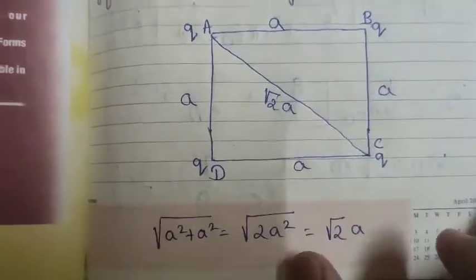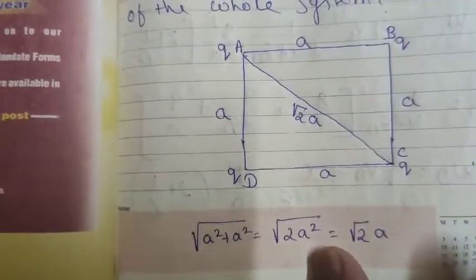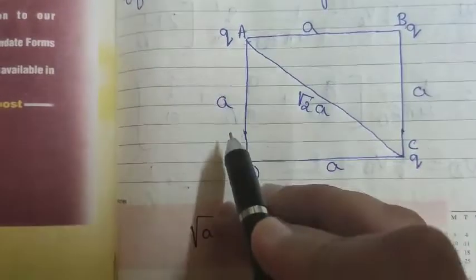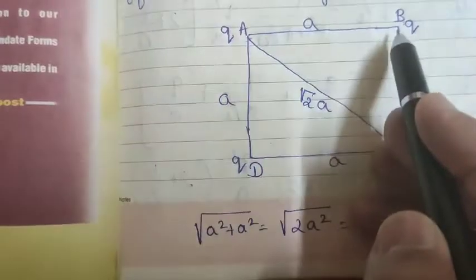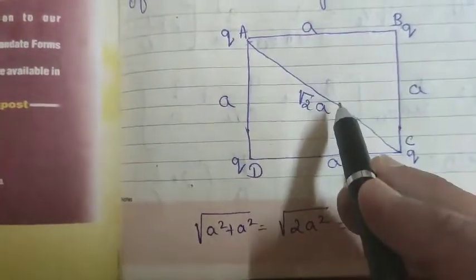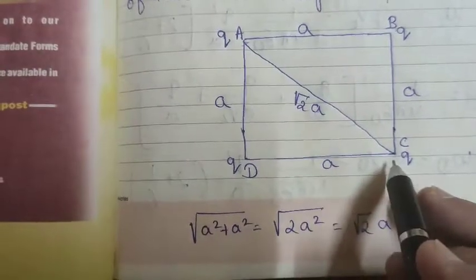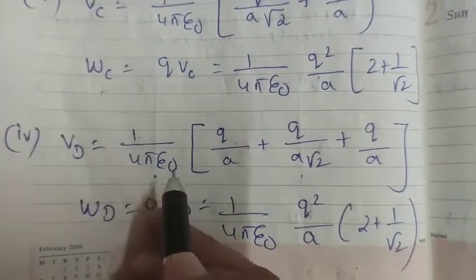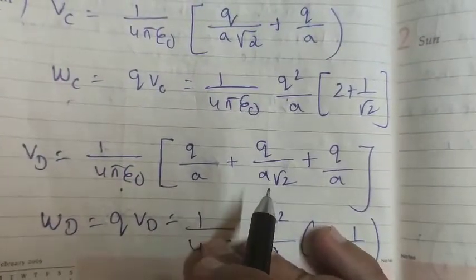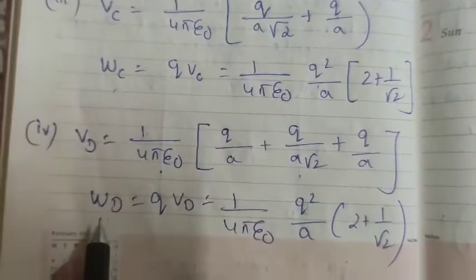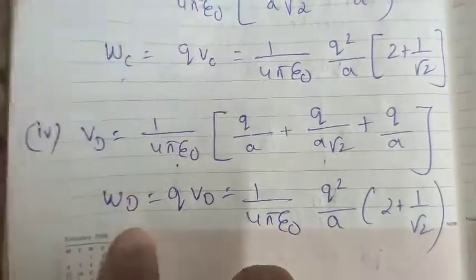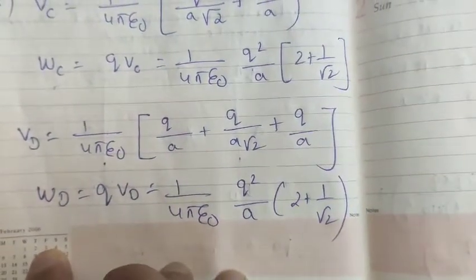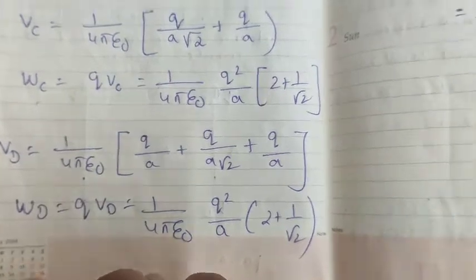Root 2 into A. So there will be three terms. Let us write it down. VD equal to 1 by 4 pi epsilon naught, Q by A plus Q by A root 2 plus Q by A. So the work done at D is Q into VD, that is 1 by 4 pi epsilon naught Q square by A into 2 plus 1 by root 2.